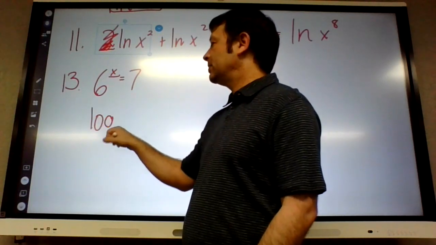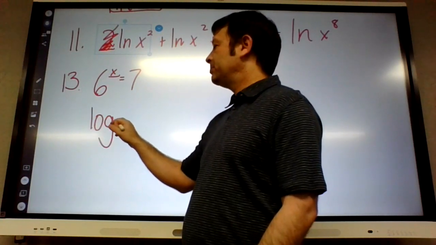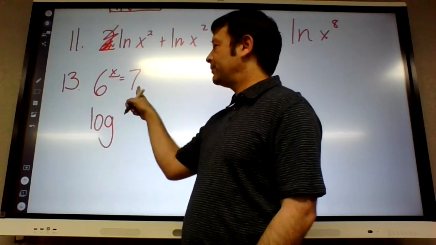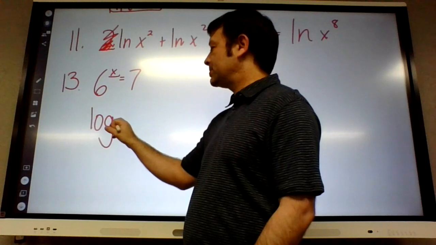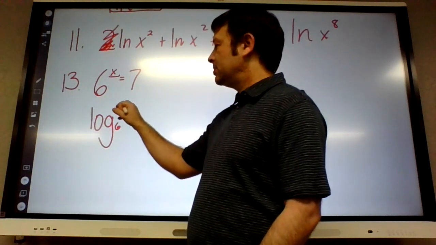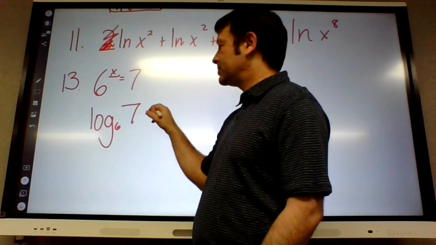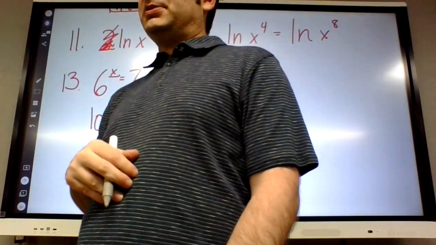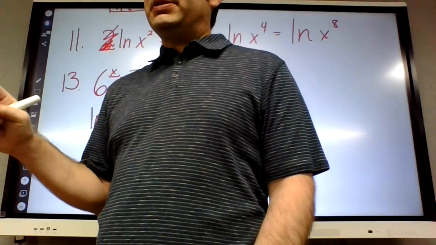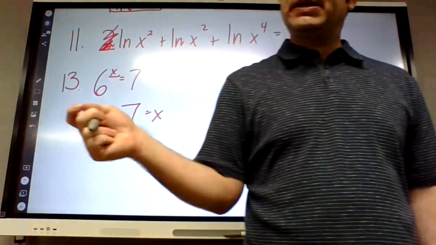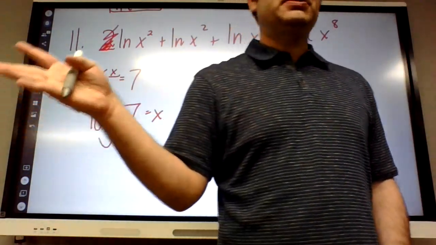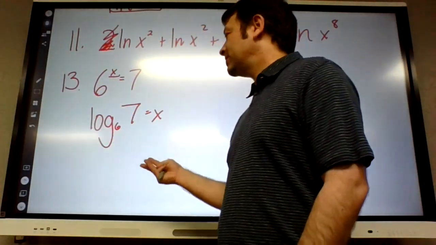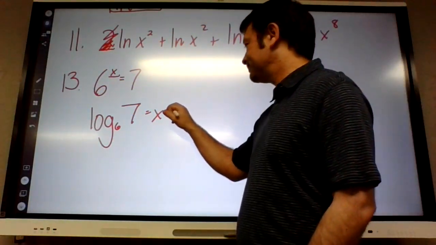Log base 6 of 7 gives us the answer. The directions changed it up on us just to throw us off, I guess. It says nearest thousandth on 12 through 19. So what's the thousandth place? Third decimal. So they want the third decimal on this one.